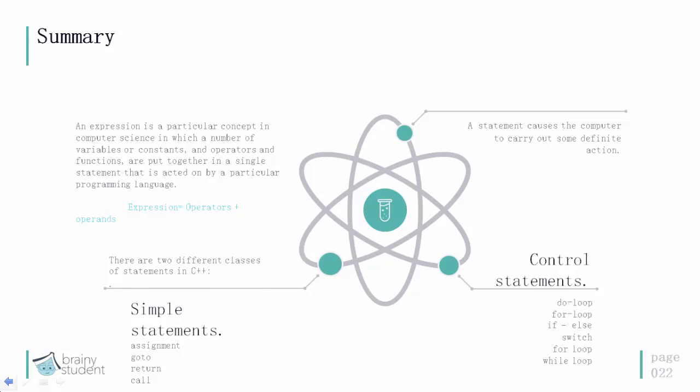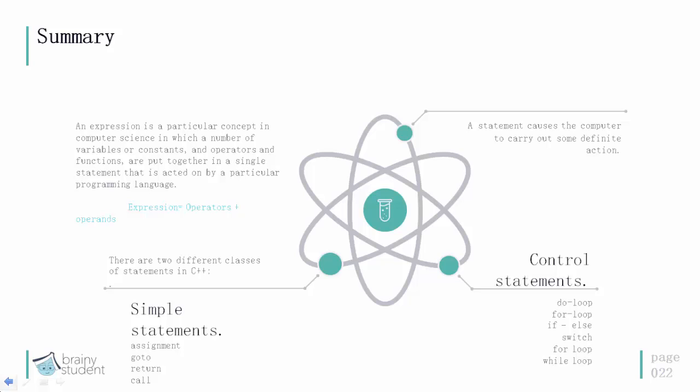At last, the summary. In this session, we studied expressions. An expression is a concept of computer science in which numbers, variables or constants, operators and functions are put together in a single statement that is acted on by a particular programming language. We know that an expression is nothing but operator plus operand. Then we studied statements.